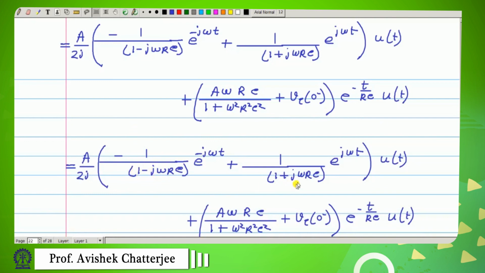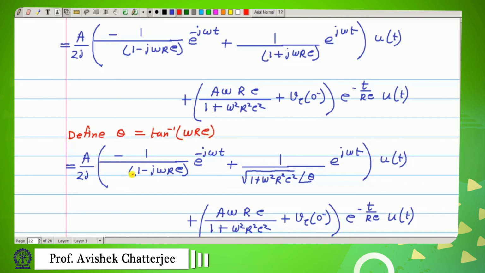Here this denominator and this denominator, they are complex numbers, and I will write them in terms of their magnitude and angle like this: root over 1 plus omega square r square c square with an angle theta, where theta is equal to the angle of this number, that is tan inverse the imaginary component omega rc divided by real component is 1.